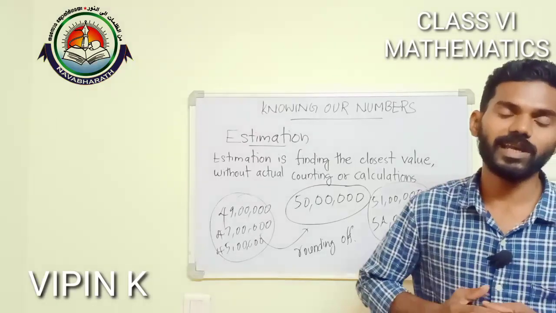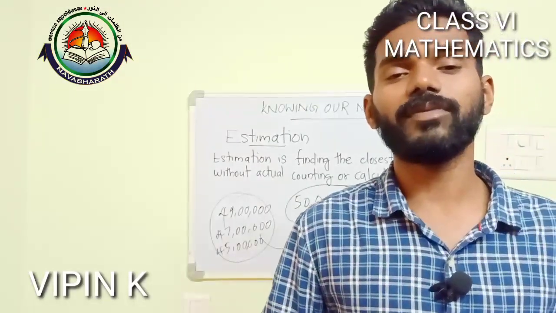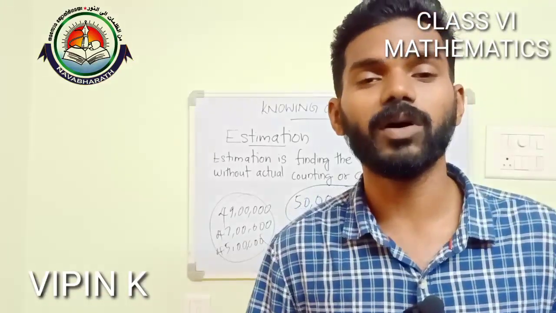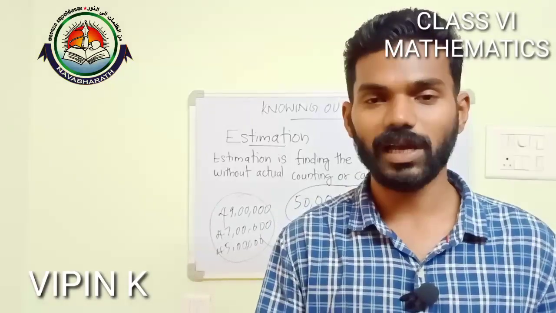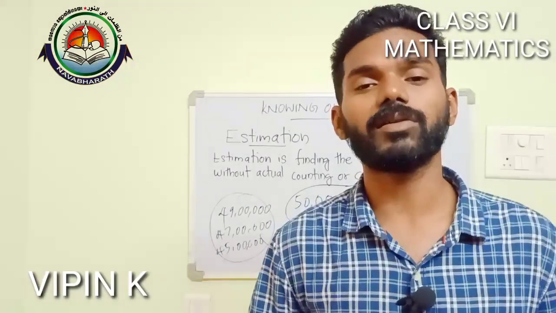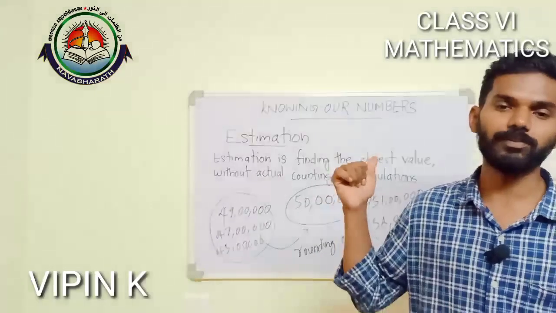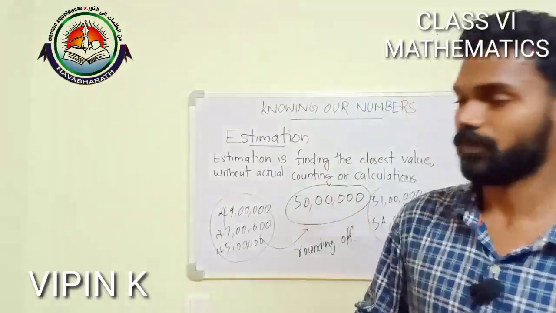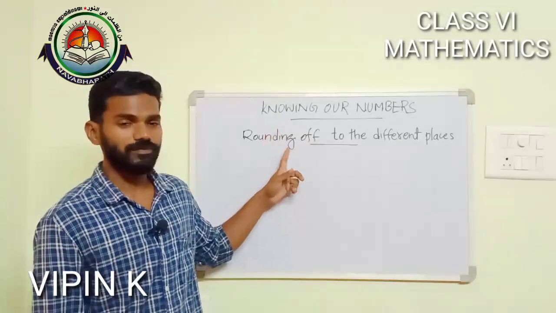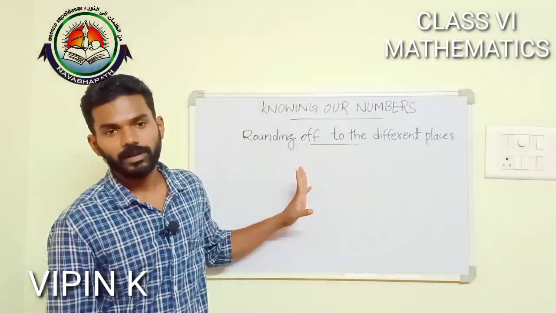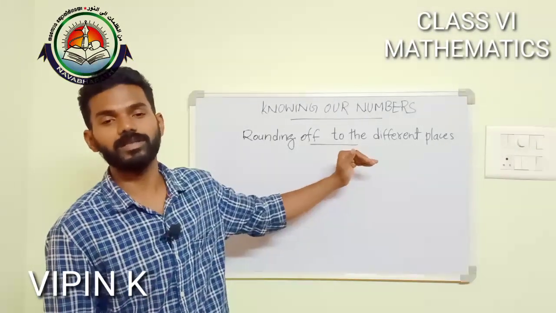So let's have an idea about how the rounding off of different numbers can be done in different ways as per our requirement. Clear? Let's discuss the concept of rounding off. I hope you are already familiar with the concept of rounding off. Still, we would discuss here the rounding off in detail.